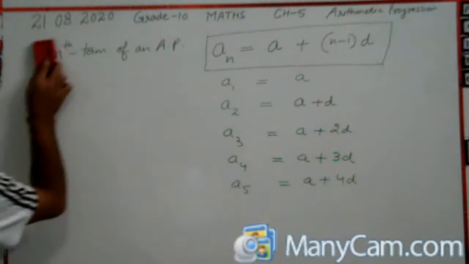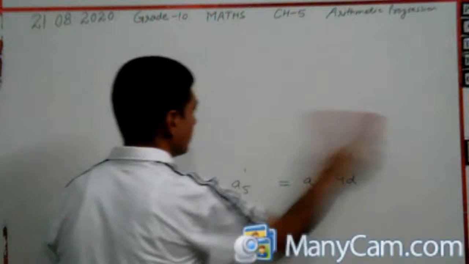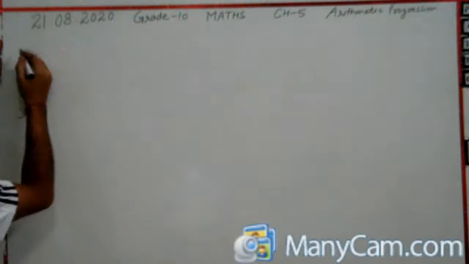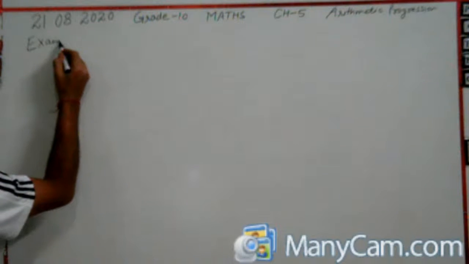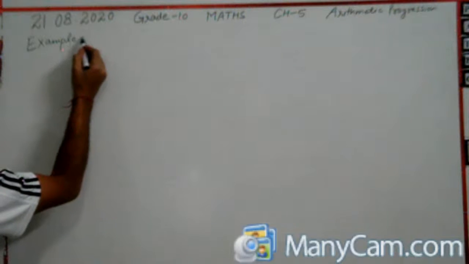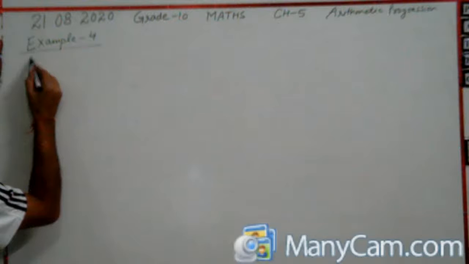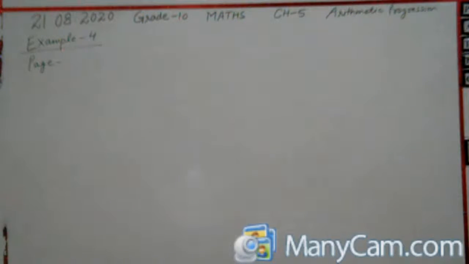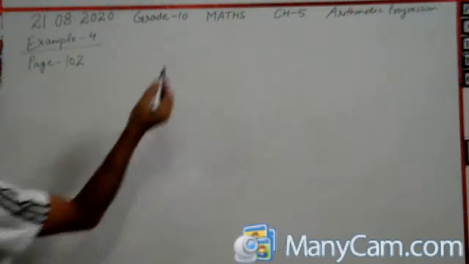Let's solve some examples, then we will switch over to exercise 5.2. Example 4 is at page number 102. So what is the example?